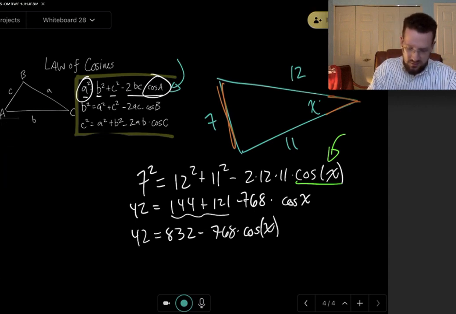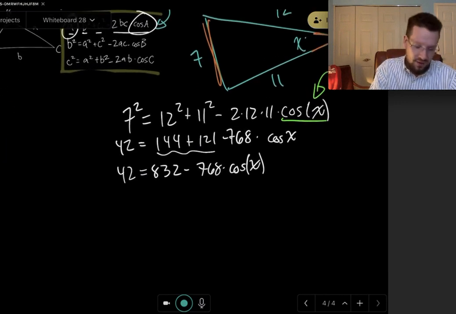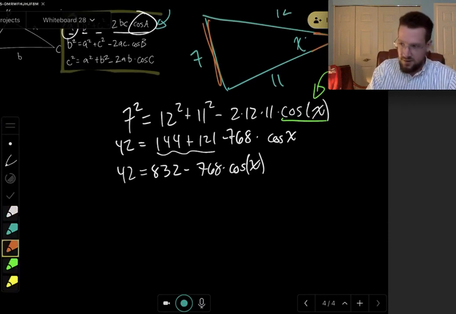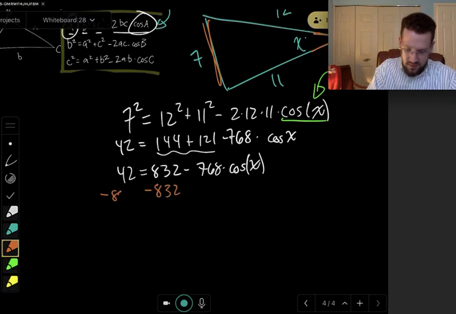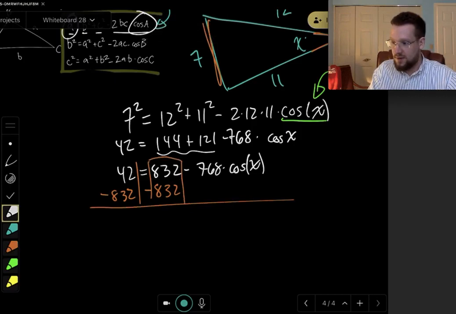And now I'm going to start doing some solving here. So I'm going to start to balance this equation. So I got minus 832 from both sides. These two cancel, and I'm going to have a negative number.